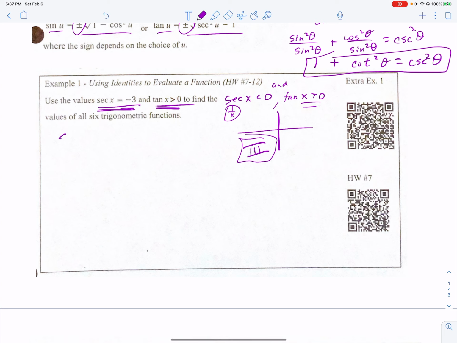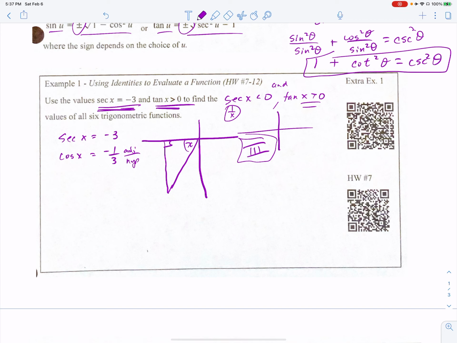So then I am going to go secant of x is negative 3. That means cosine of x is negative 1/3. And because it has to be quadrant 3, I am going to draw a triangle in quadrant 3 where this is my angle, and I guess I should really let that be x because that's what we have there. And cosine is going to be adjacent over hypotenuse.